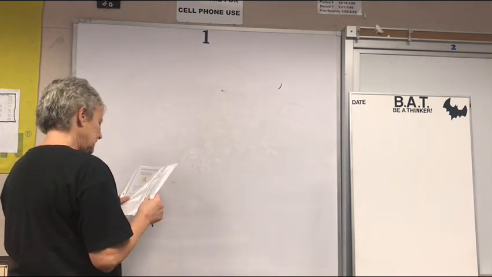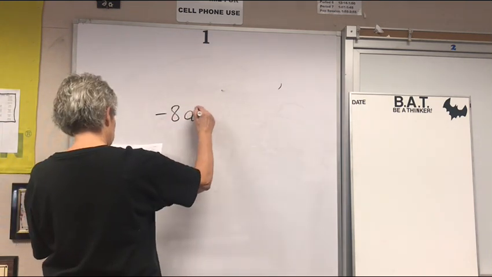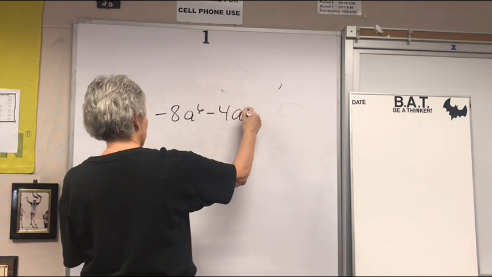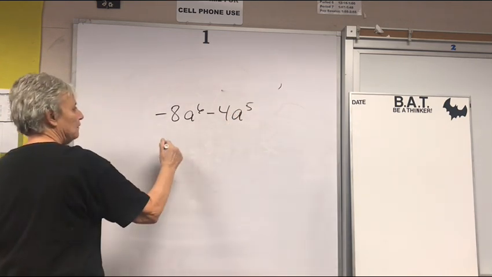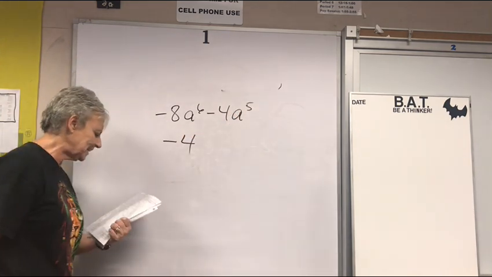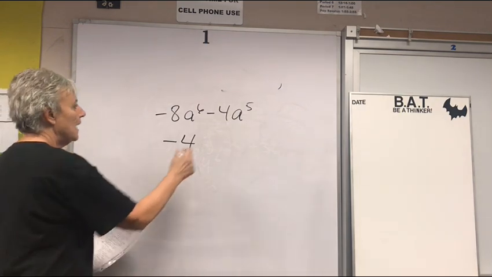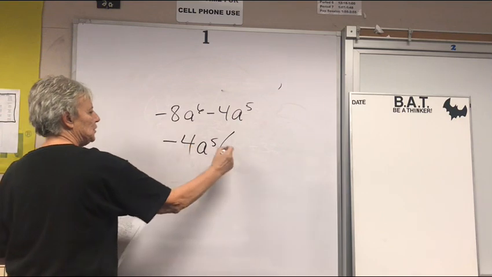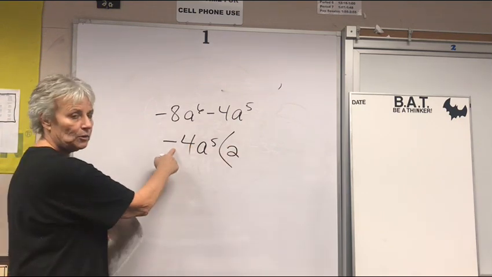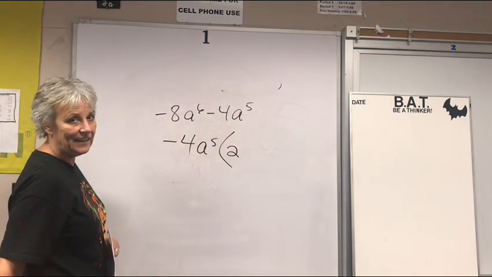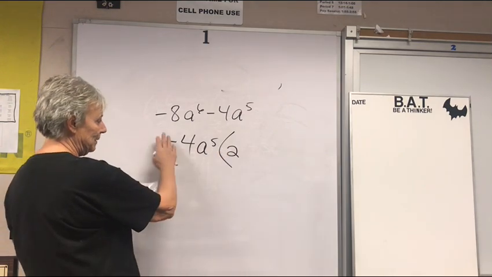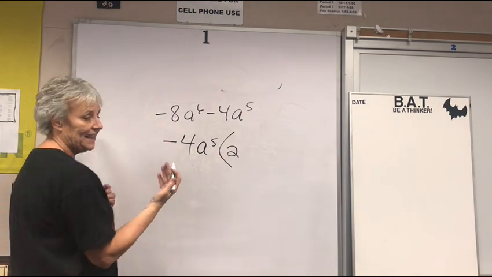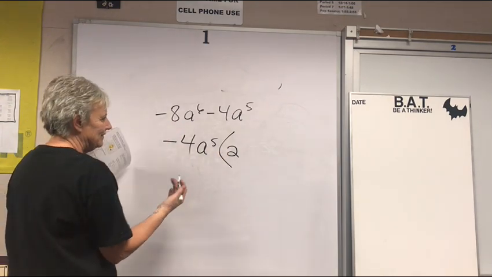Number 19, negative 8a to the 6th minus 4a to the 5th. They both have a 4, only we're going to pull out a negative 4. And they both have an a to the 5th. So we need a 2. The reason I'm pulling out a negative is because I don't want a negative in there. You can get it in there by pulling out a 4, but then you have to take it out anyway, so might as well get rid of it.